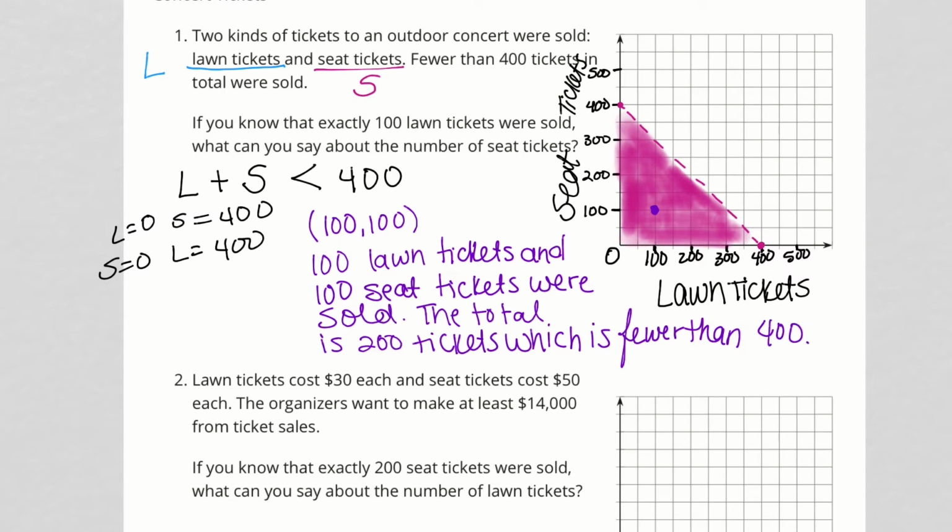All right. And lastly, we need to answer our question. If you know that exactly 100 lawn tickets were sold, what can you say about the number of seat tickets?